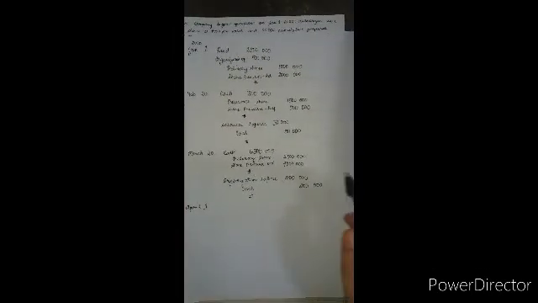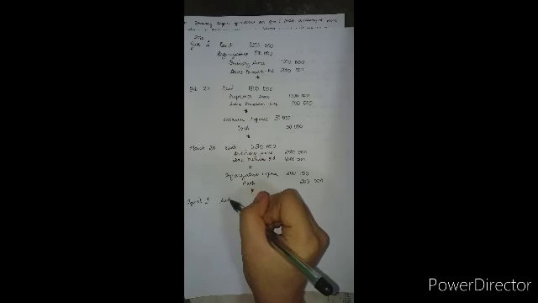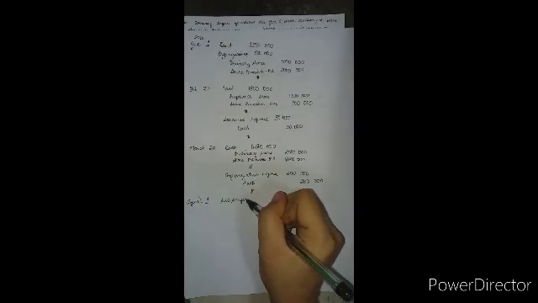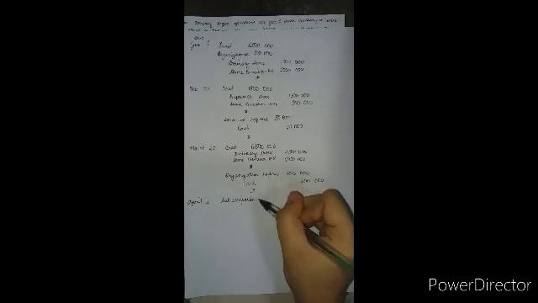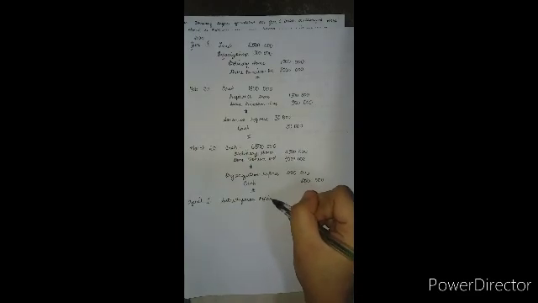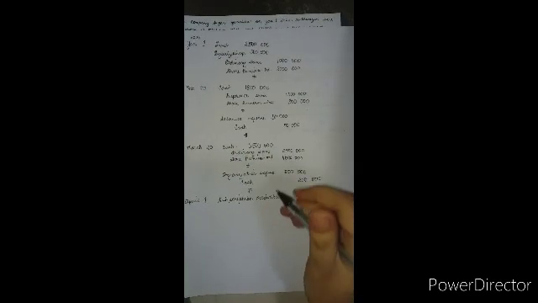Kaya, ang magiging entry natin is debit subscription receivable. Ita-times natin yung 20,000 na subscribe sa atin at 350 per share. So, 20,000 times 350 equals 7 million.